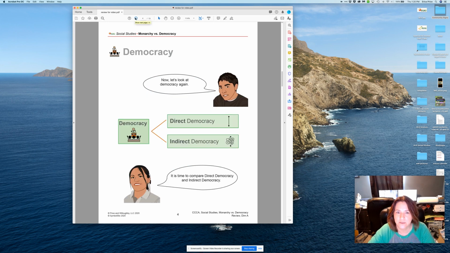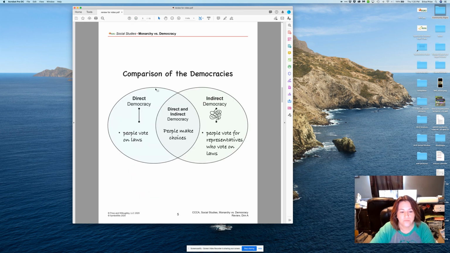The next thing we were looking at was democracy. We have a direct democracy, we have an indirect democracy. We've talked about both. We're going to do a quickie comparison on the two. In a direct democracy, the people vote on the laws. Do you remember everybody had to be there to vote? It's really hard to do because you can't get all the people there at one time.